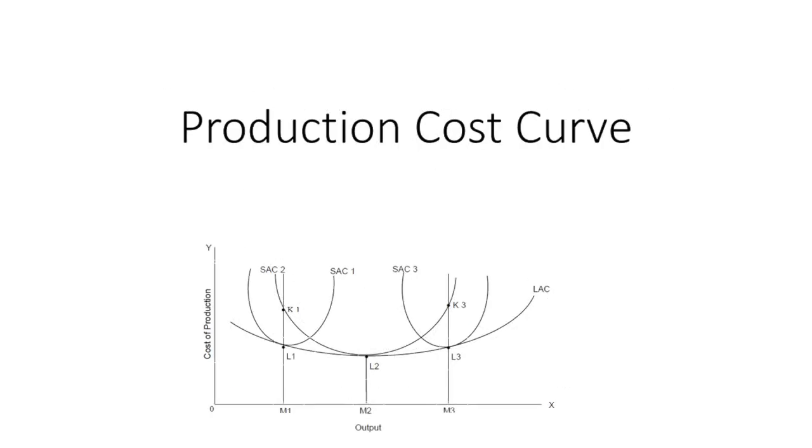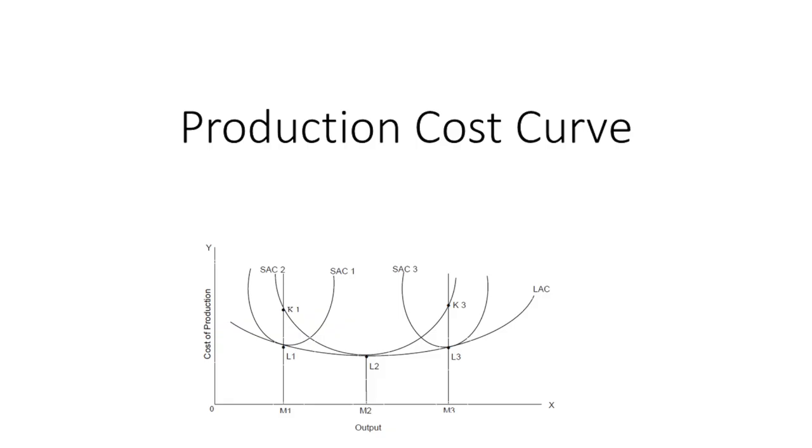Okay, now here we can see the production cost curves. The cost of production: from here we have three average cost curves, SAC1, SAC2 and SAC3.